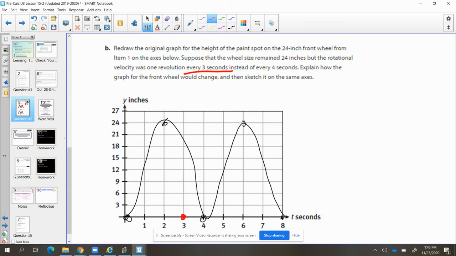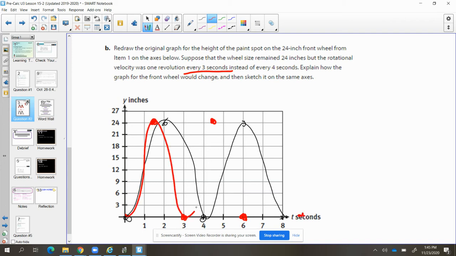So we now need to have this repeat by the time she hits 3 seconds. So the halfway point is going to be 1.5 seconds. And then again, she's going to repeat by 6, so the halfway point there is 4.5 seconds. And then again, it would be out here, this pattern.